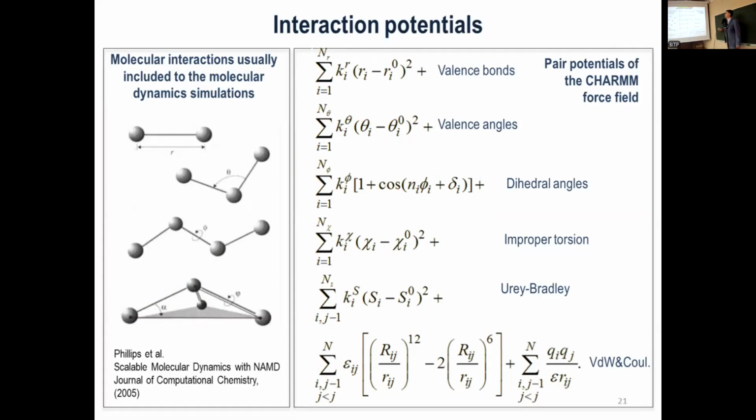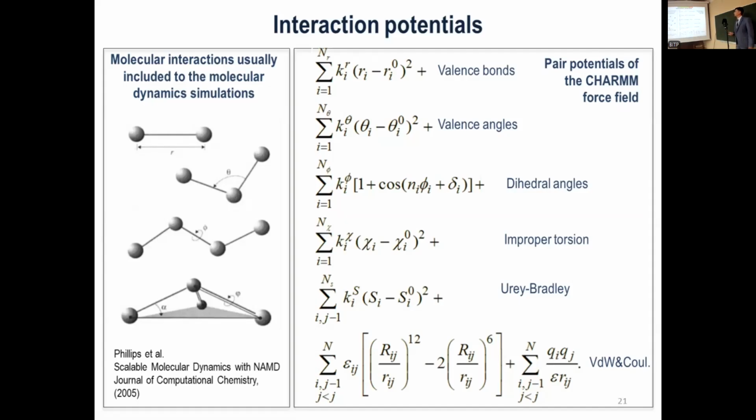So this is the potential describing the valence bond as interaction between two atoms in a chemical bond. Valence angle, this is the potential describing the valence angle between atoms. Dihedral angle describes the change of the dihedral angle of 4 atoms.